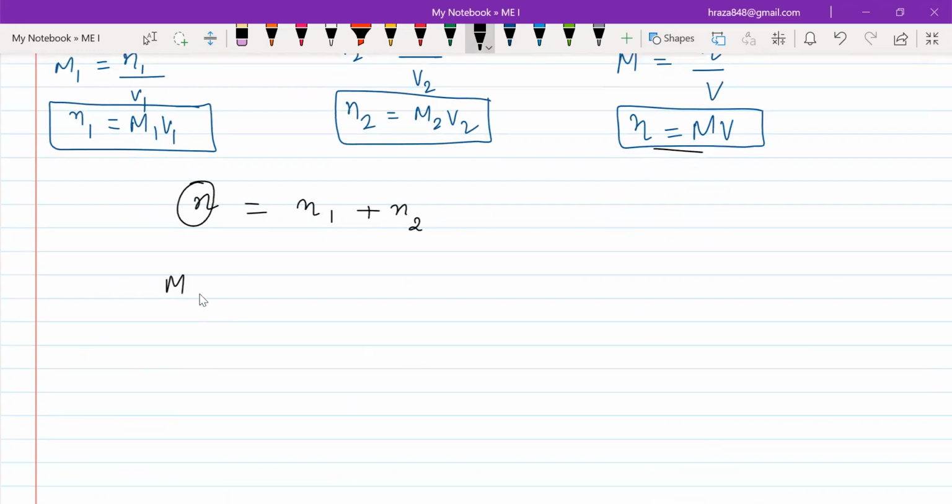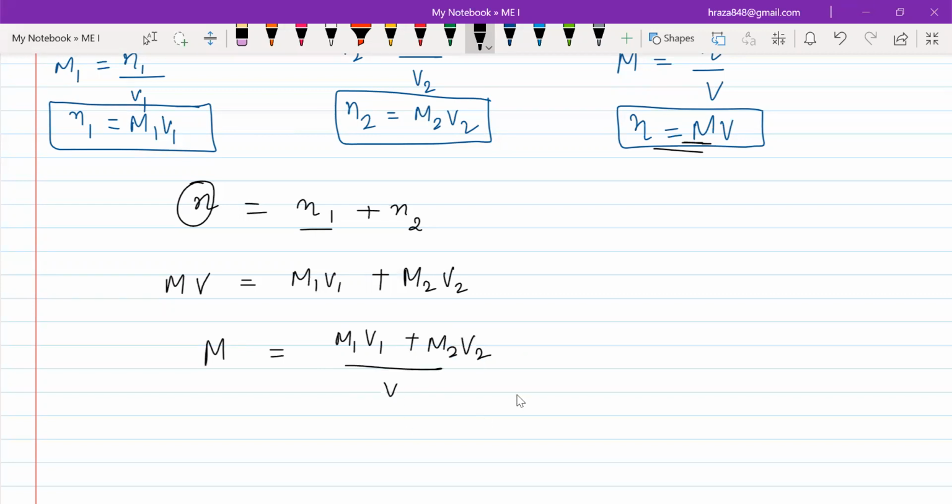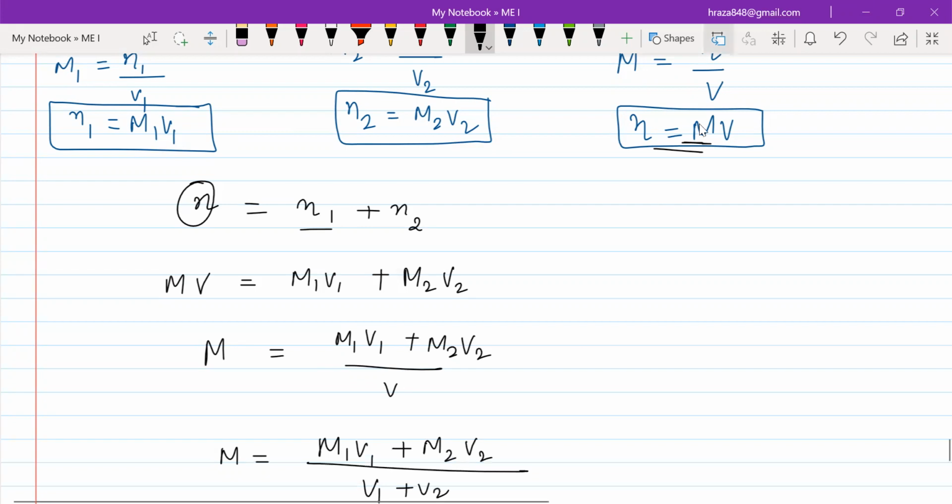M into V. This capital M stands for resultant molarity, that means molarity of the mixture. N1 has a value M1 V1 and N2 has a value M2 V2. Now, the molarity of the mixture will be equal to M1 V1 plus M2 V2 upon V, or we can write M is equal to M1 V1 plus M2 V2 upon V1 plus V2.